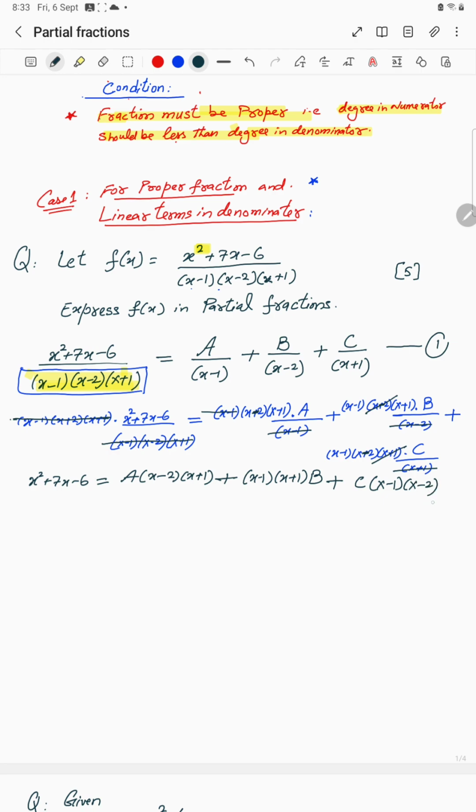So this is equation number 2. If you want, you can expand it further, but for the linear cases this is enough.